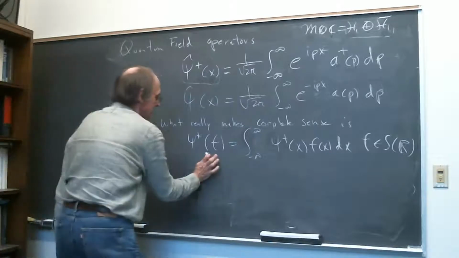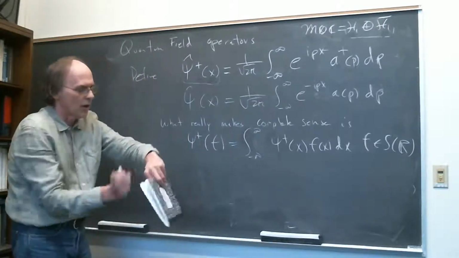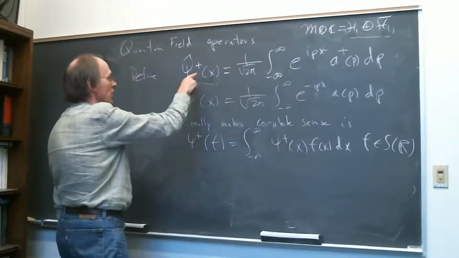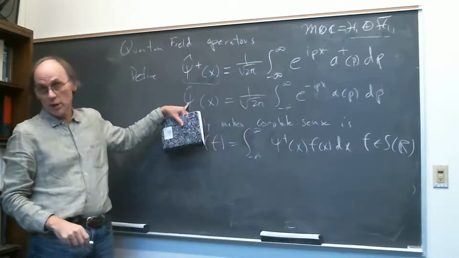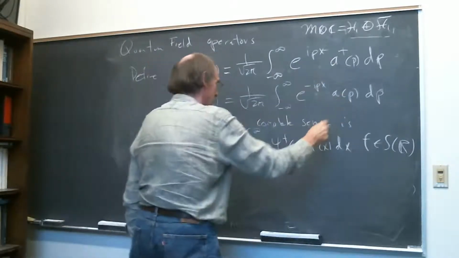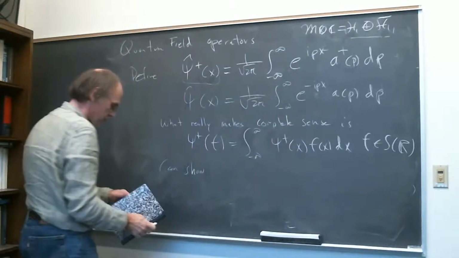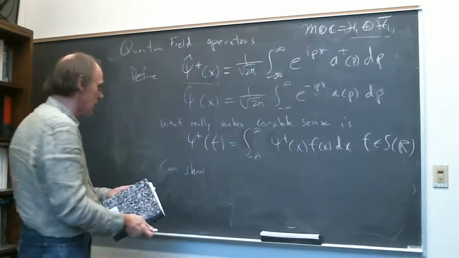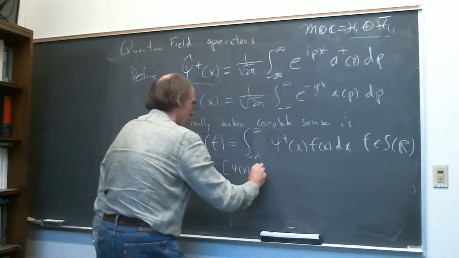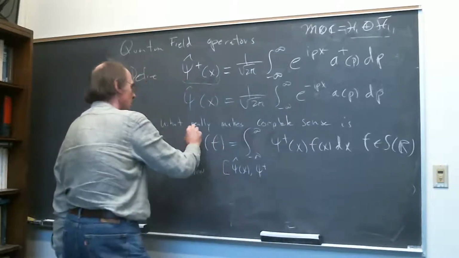So what really makes sense are actually these operators. I won't go through this, but you could just compute the commutation relations of these operators using the commutation relations of the A and A daggers, and you could show that the psi of x, psi dagger of x, oh, I should put hats on everything.